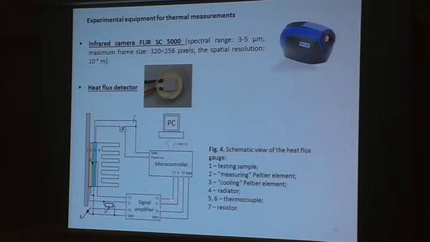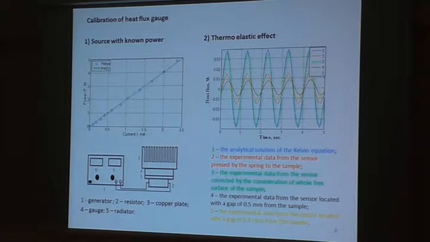And there is a special electrical setup which controls the environment temperature, the temperature between the Peltier elements, and allows us to carry out very careful measurements of heat flux through the first Peltier.